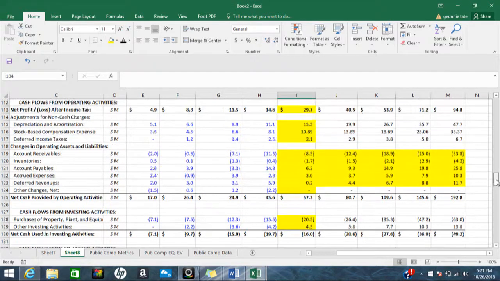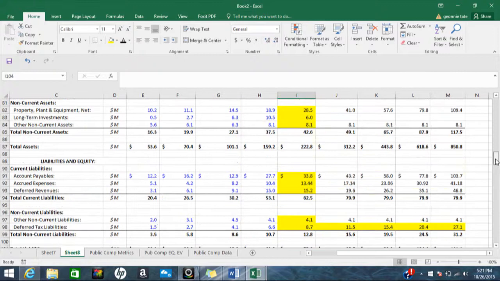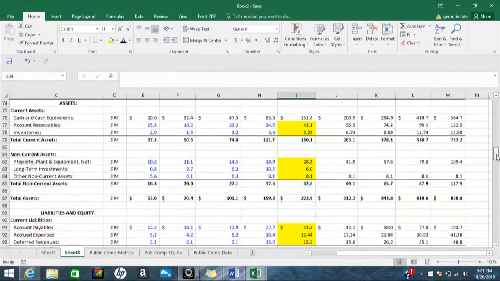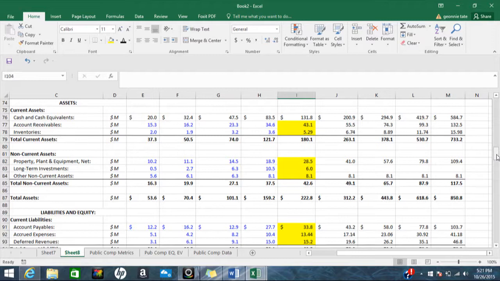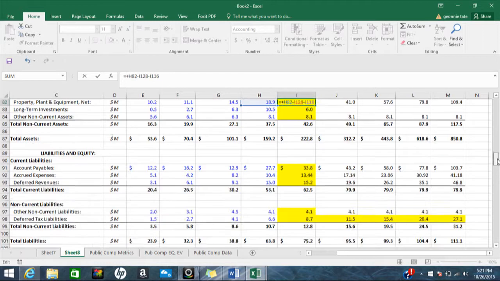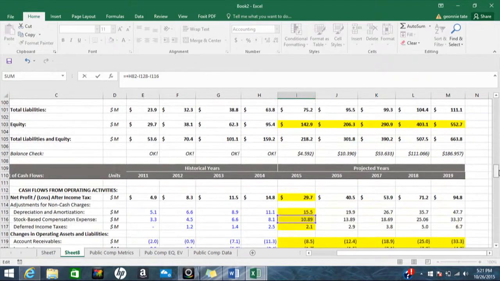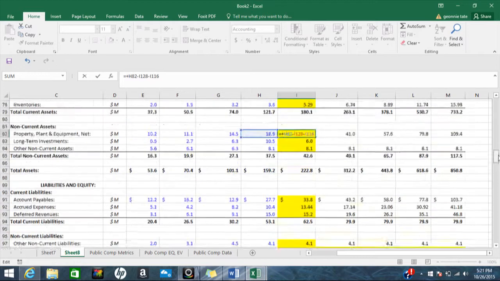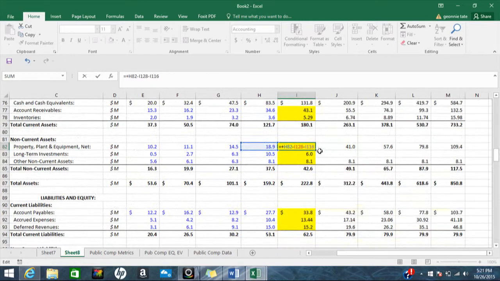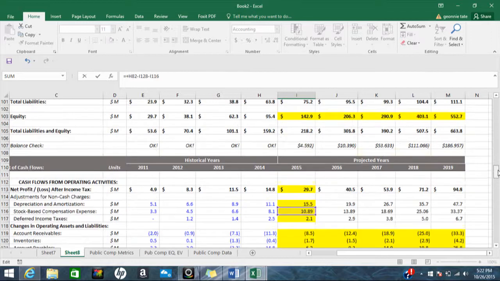I know there was an issue with the PP&E, so I'm gonna check that out now. So I had a previous number minus... I think that's wrong there. I have stock-based compensation included in my PP&E.